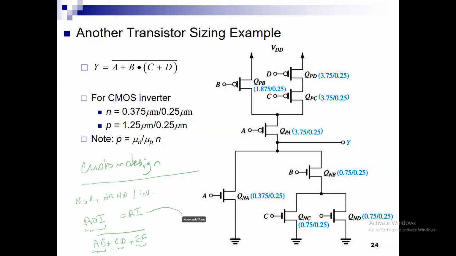OR-AND-invert would be, for example, A or B into C or D bar. These are common functions that we typically face, and we do not always want to implement everything using NAND and inverter. They are sufficient, but they build some additional functions that can sometimes help in reducing the area. We have delay and we have area as constraints. Okay.